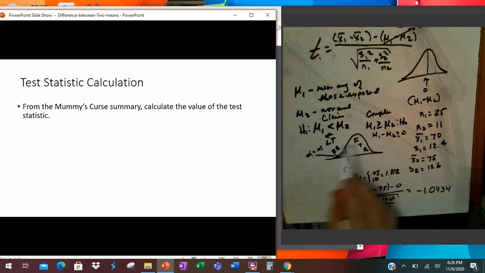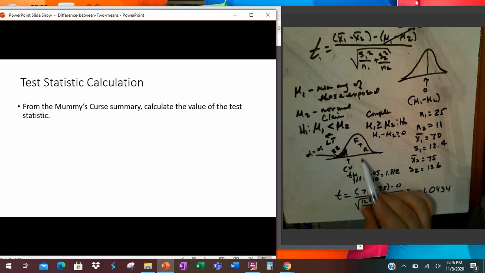And I'm going to plot this. So once I have this and all my regions set up, I'm going to take this and move it right up here. So again, this is the 0. This is negative, so sorry, I was supposed to use a negative here because this is to the left. This is between 0 and that number. So in here is the negative 1.0434. So it's basically in that fail to reject region.